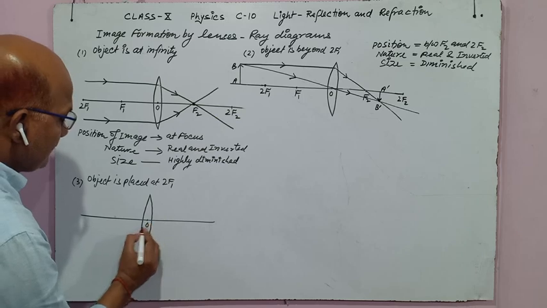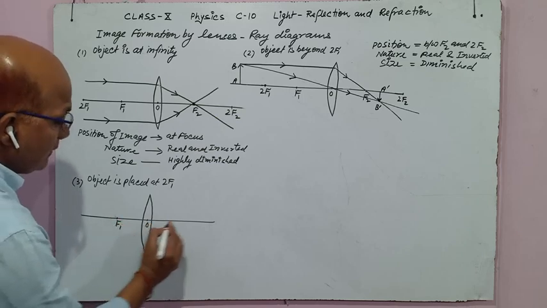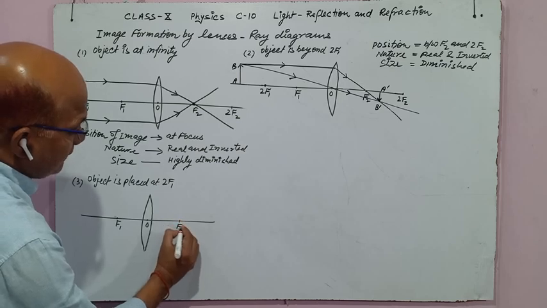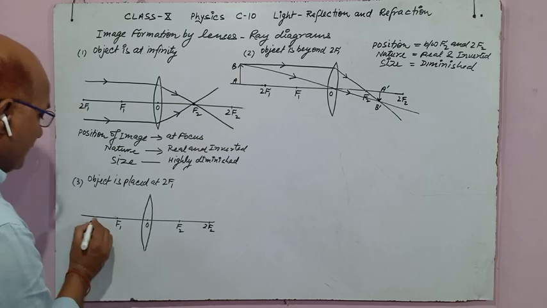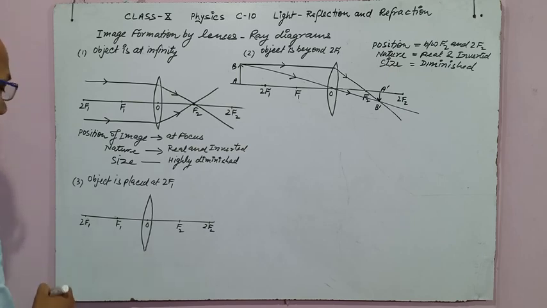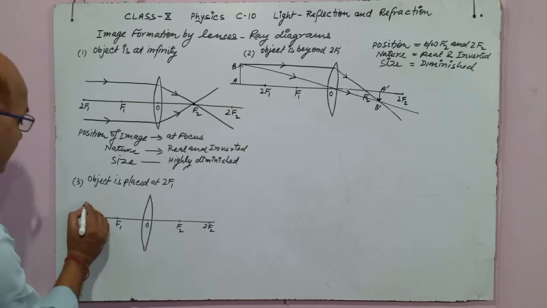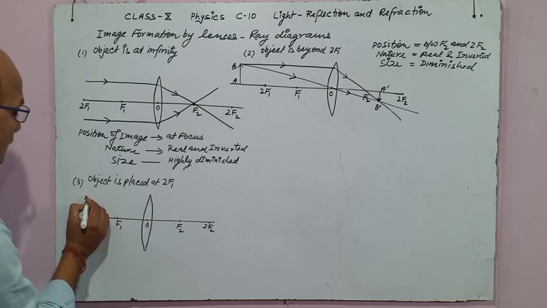This is the principal axis, this is the optical center, this is f1, this is f2, this is 2f2, and this is 2f1. Okay. Now the object is at 2f1. This is the object.